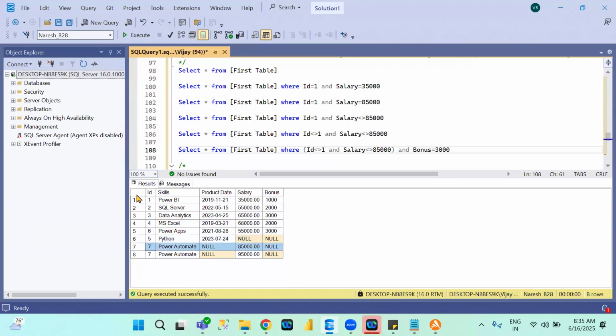This one and this one, right? Except these, all the remaining values are satisfied. Now, among whichever rows are satisfied, in those rows you have to verify whether bonus is equal to 3000. Which one is it? Now tell me, what is the output of this?